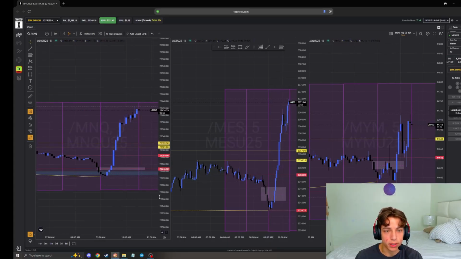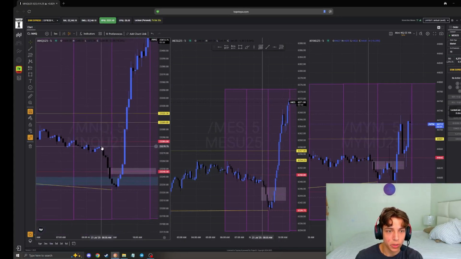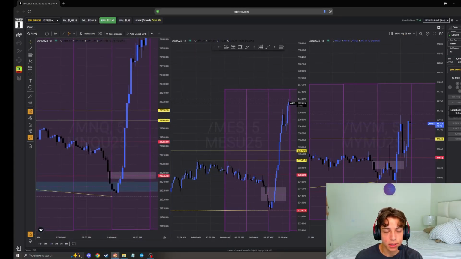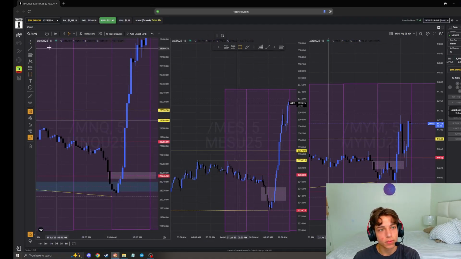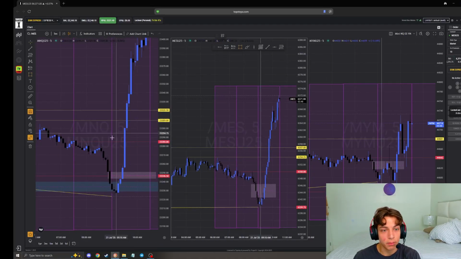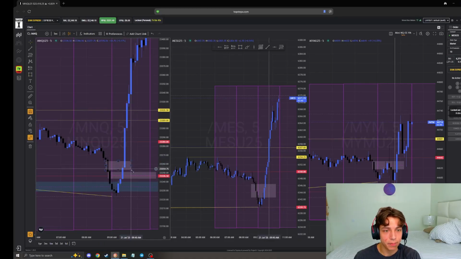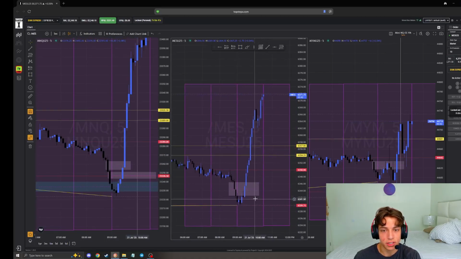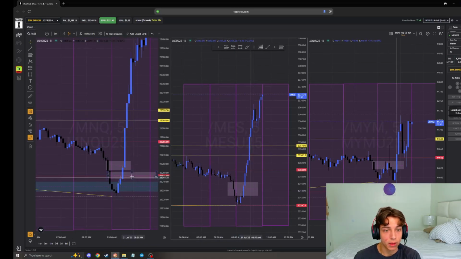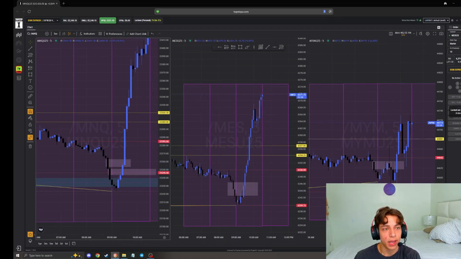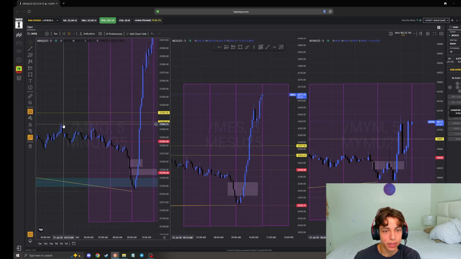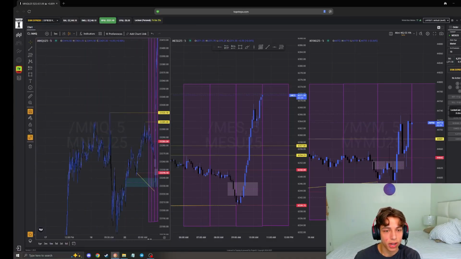And now what am I thinking? Well, we created all of these gaps, and I'm thinking, okay, we inverse this gap, I'm entering. Easy, right? Well, we did inverse this gap, except this candle closed up here. And these are my targets: London high and Friday's high.